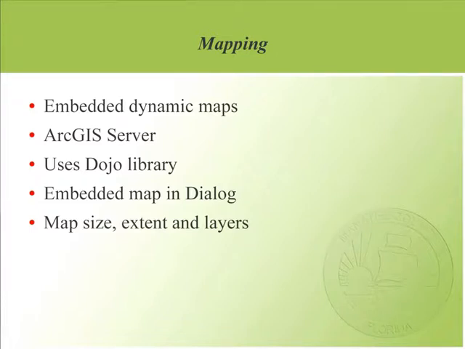The ESRI mapping library uses Dojo, so we had no problems adding an additional JavaScript library to our pages. I was able to add Dojo support in both our dialogs and the SDK pages. The dialog allows the editor to select the map size, the extent, the title.